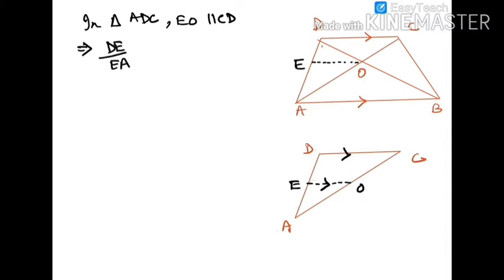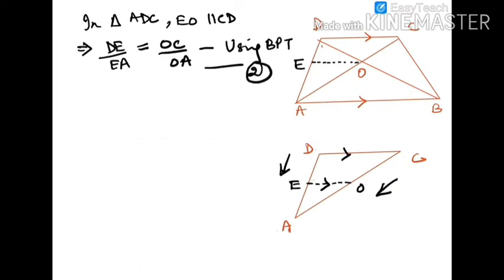I am starting my ratios again from point D. So the other side will be OC upon OA. DE upon EA will be equal to CO upon OA. Mark this result as 2.